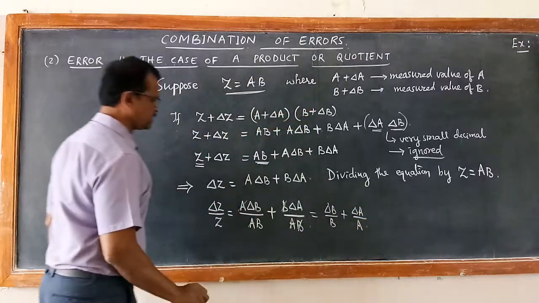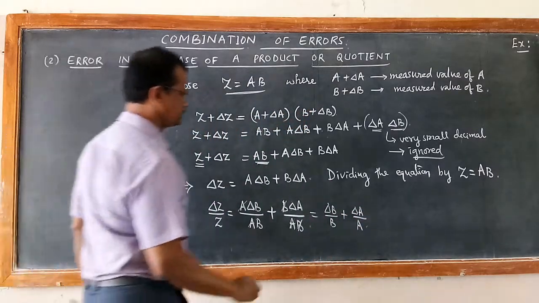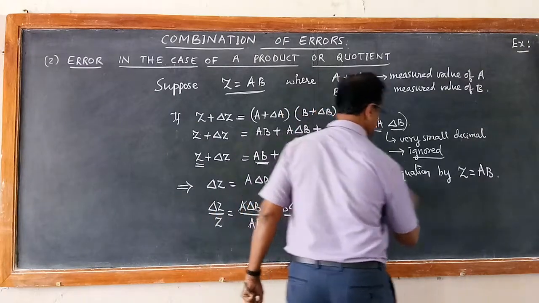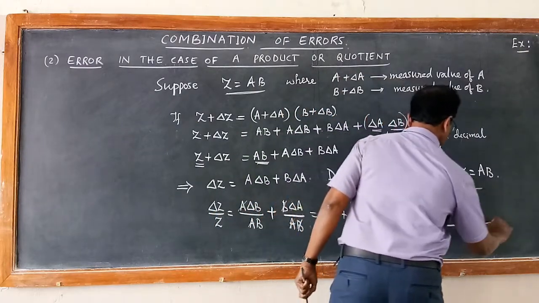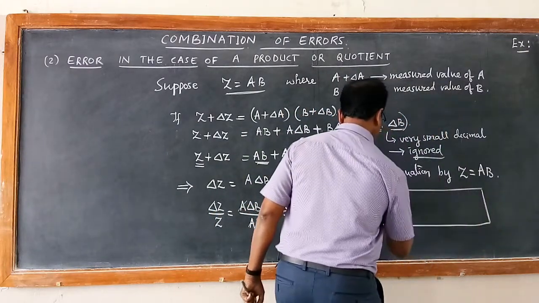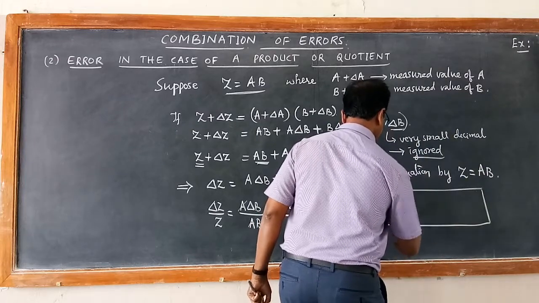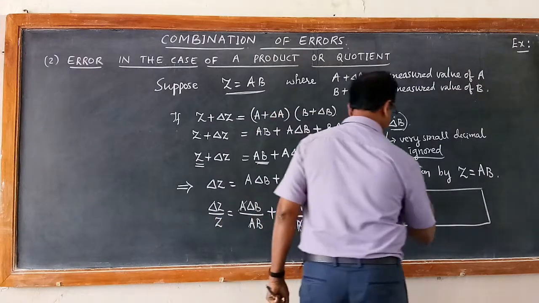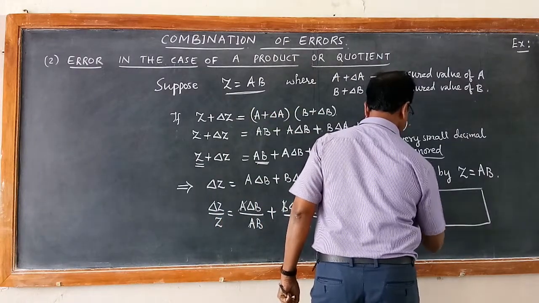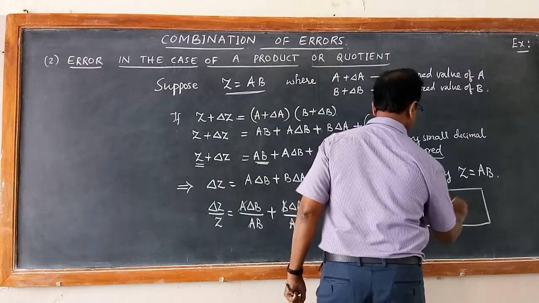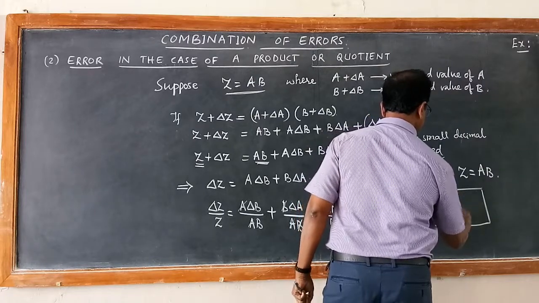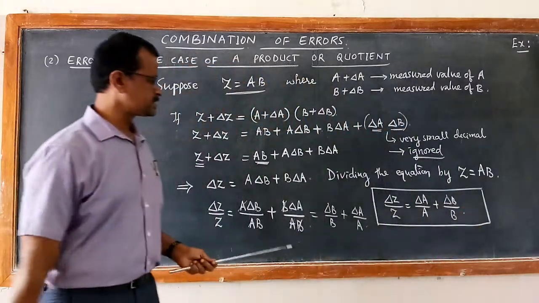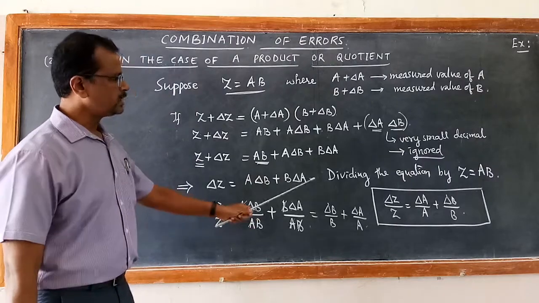Now look at this final equation. Thus we get the final equation. Relative error in Z, delta Z by Z, the relative error in the result, is equal to the sum of the relative errors, delta A by A plus delta B by B. So this is the rule.